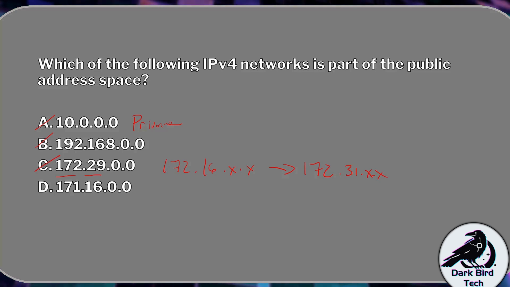They went 171.16. This one is public. Alright. So if you remember your IPv4 address space, this should be a pretty straightforward question. But read the numbers carefully. That can be used to trip you up if you're not careful.